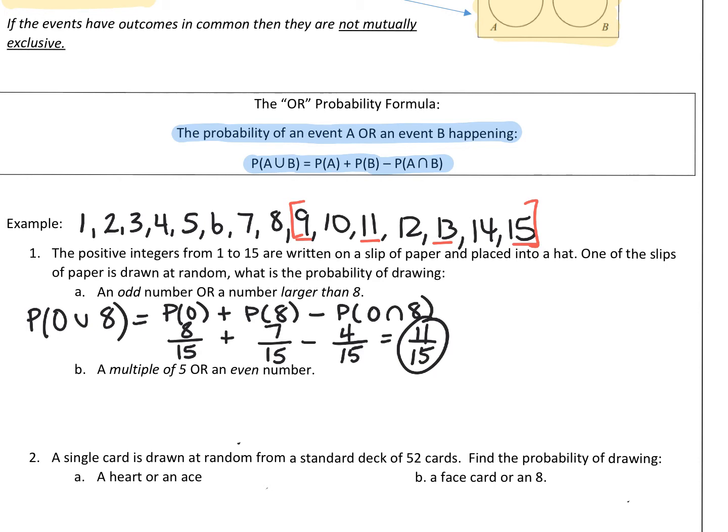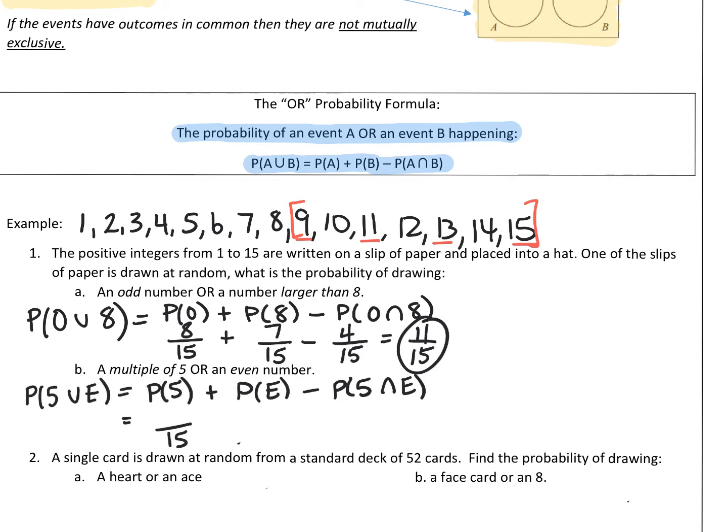15ths. Okay, the probability that I have a multiple of 5 or an even number. That's going to be equal to the probability of getting a multiple of 5 plus the probability of getting an even number, subtract the probability of getting a multiple of 5 and an even number. Looking at my set out of 15, how many are multiples of 5?